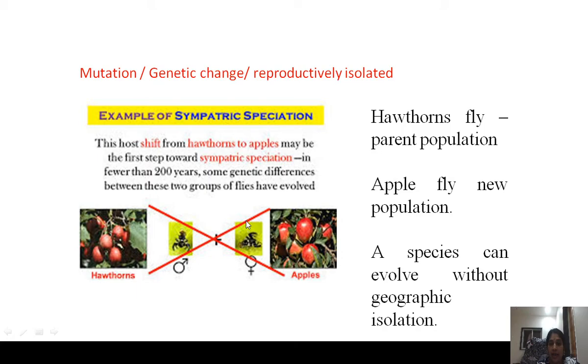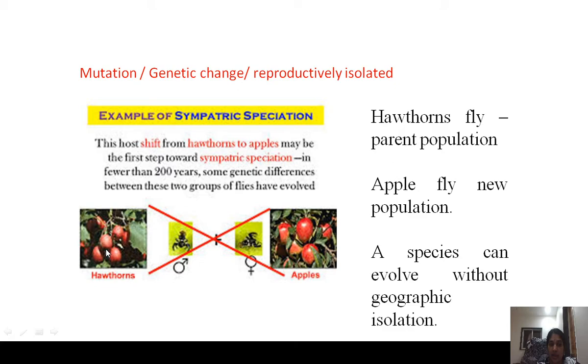This host shift from hawthorn to apple may be the first step toward sympatric speciation. In fewer than 200 years, some genetic differences between these two groups of flies have evolved. There are mating behavioral differences as well.